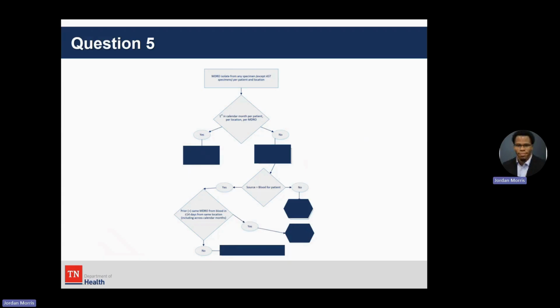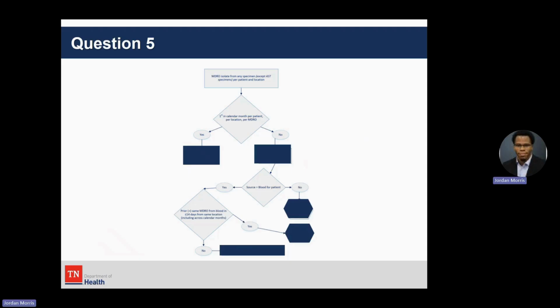All right, let's go over MDRO test result algorithms for all specimens laboratory identified events. So we have an MDRO isolate from any specimen per patient and location. It's the first in the calendar month per patient per location per MDRO.